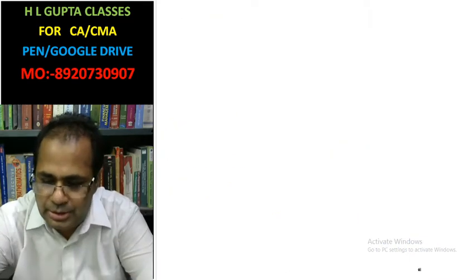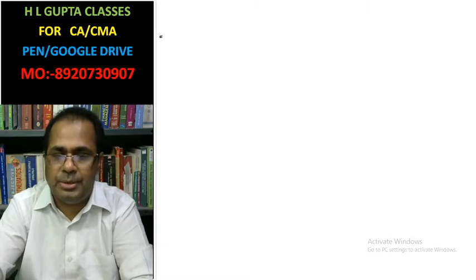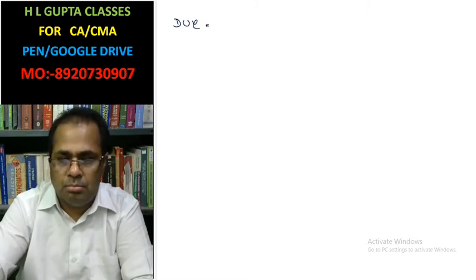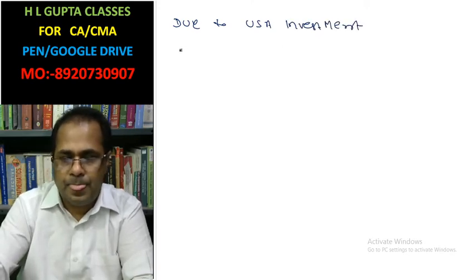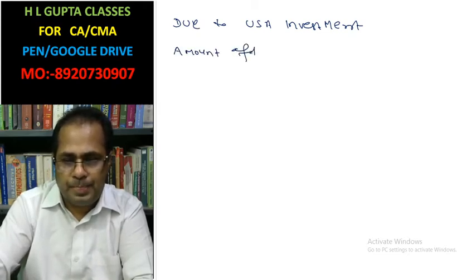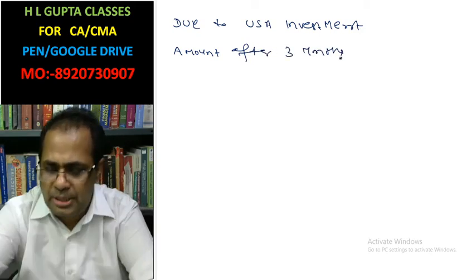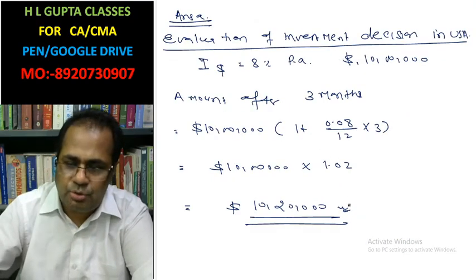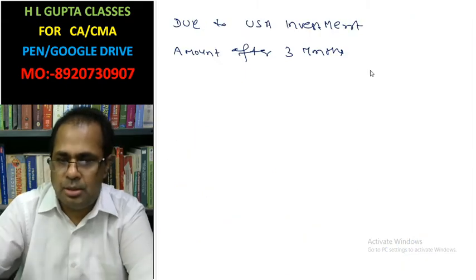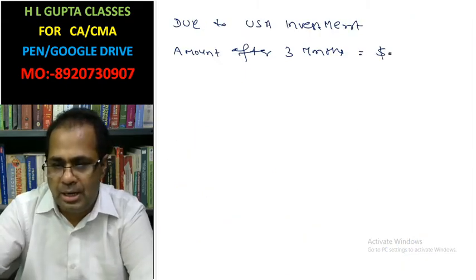USA investment: you received, due to USA investment, amount after 3 months. What was the amount after 3 months due to investment in USA? Dollar 10,20,000.